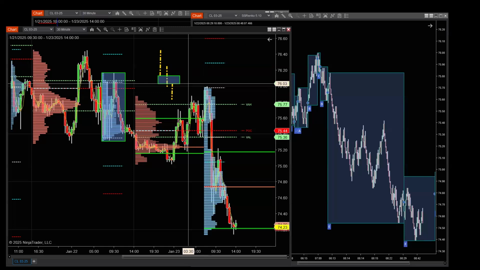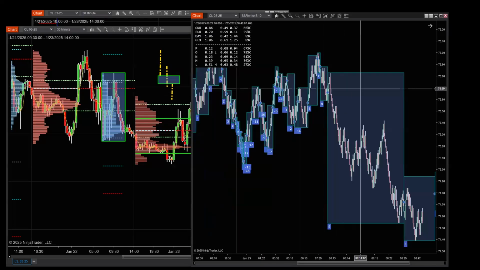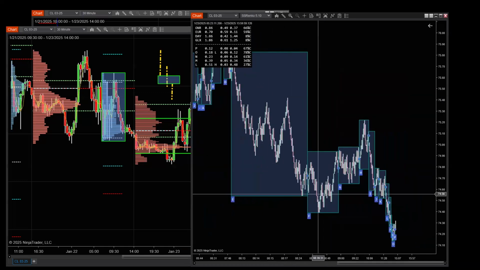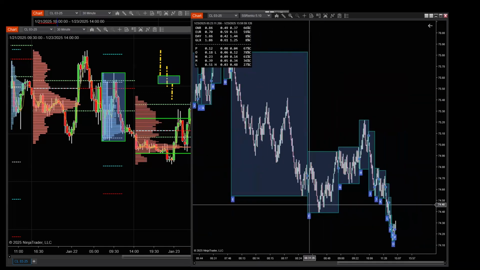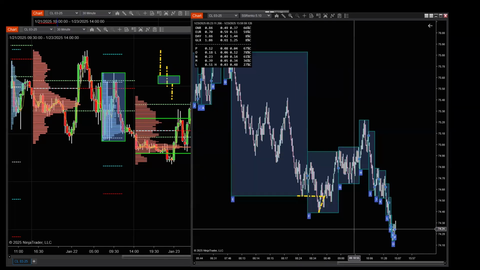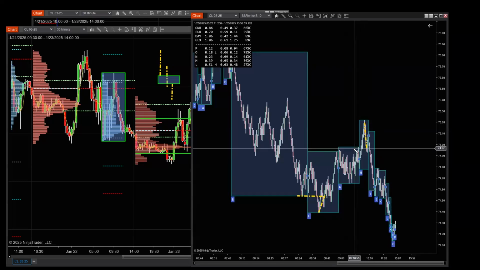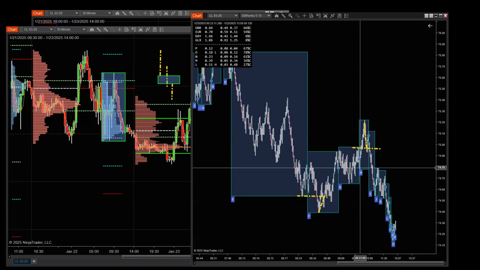Now, there's two ways that you can have one. You can have an intrabar anomaly. Let me see if we find one here. If this F period here takes out that prior period by 15 ticks or more intra-period, and it starts coming back the other way, it'll tend to close it. If this comes up here more than 15 ticks and starts coming back the other way, it'll tend to close it and not leave that big gap there.